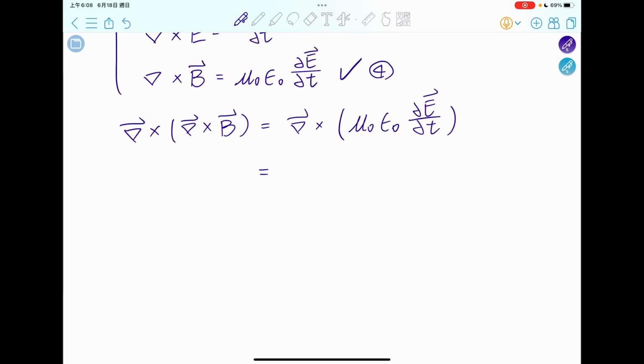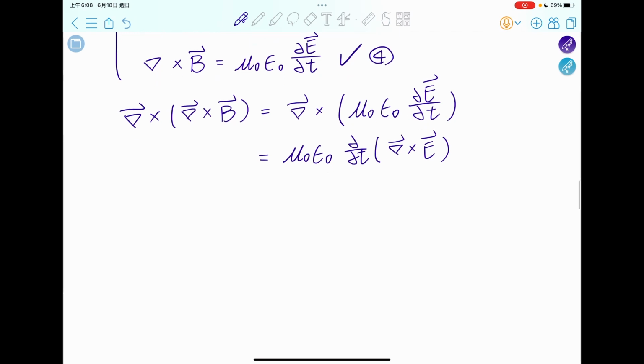We take out the constants and also change the order of the partial derivative, and we'll get mu naught times epsilon naught times partial del cross E with respect to t.